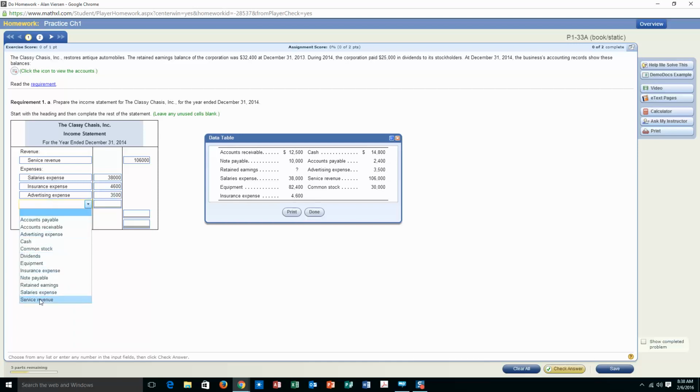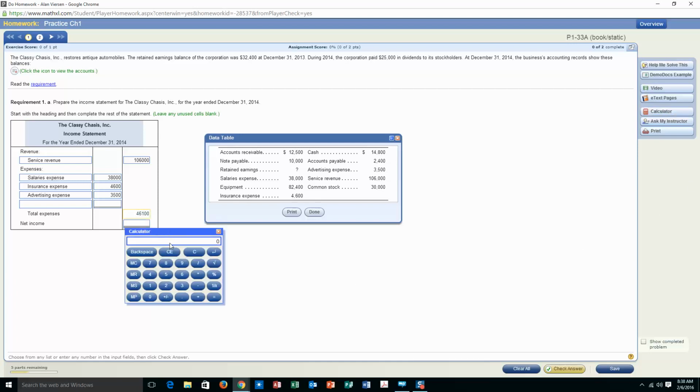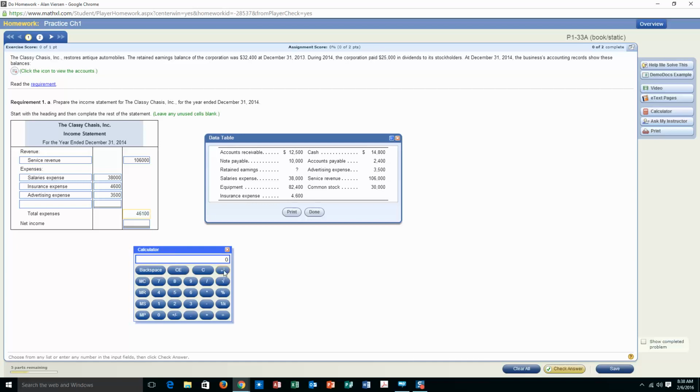We have to total the expenses, so there's nothing that would go in that space. Total expenses would be $46,100. And again, I have a nice calculator tool over here that if I type in those numbers and I hit this arrow, it will put the number wherever my cursor is at.